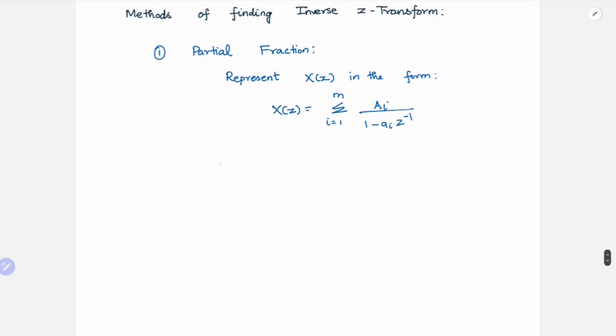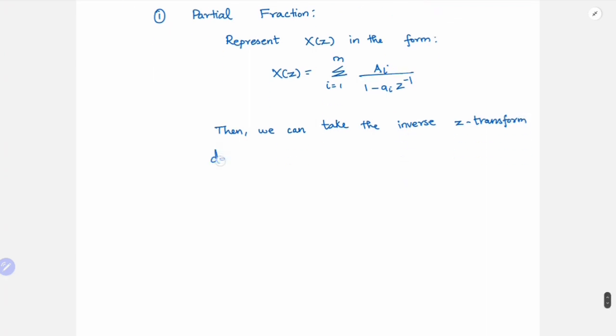Then we can take the inverse Z transform depending on the ROC or the region of convergence.